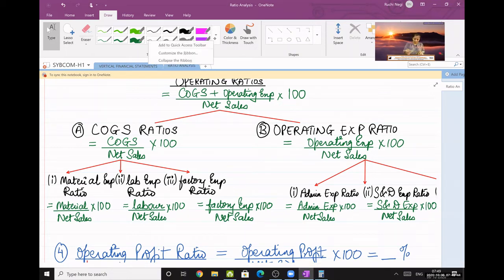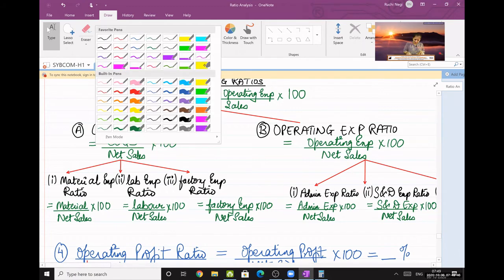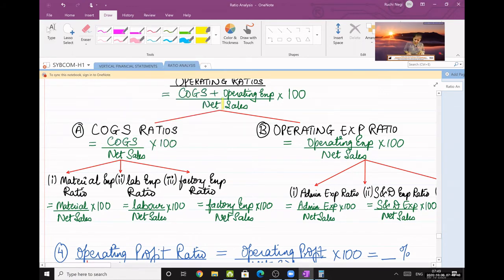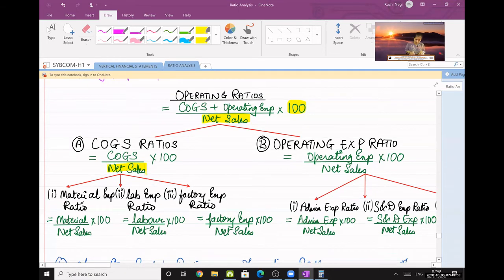Everywhere, your denominator is net sales into 100. Only the numerator is changing depending on what you have to calculate. For the COGS ratio, net sales into 100, numerator will be COGS. For the material expense ratio, net sales into 100, numerator will be material expense.